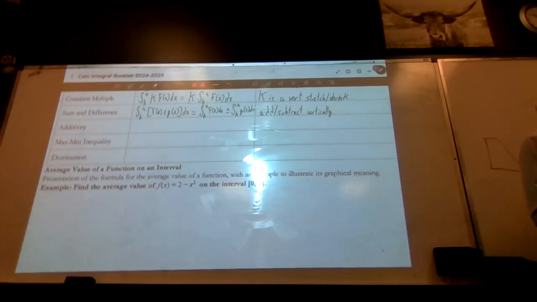The minimum value of f in between b minus a.